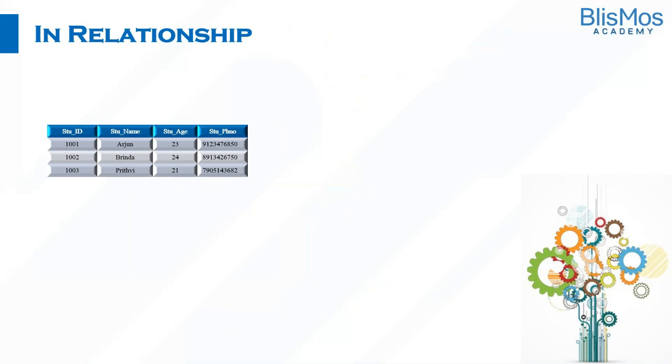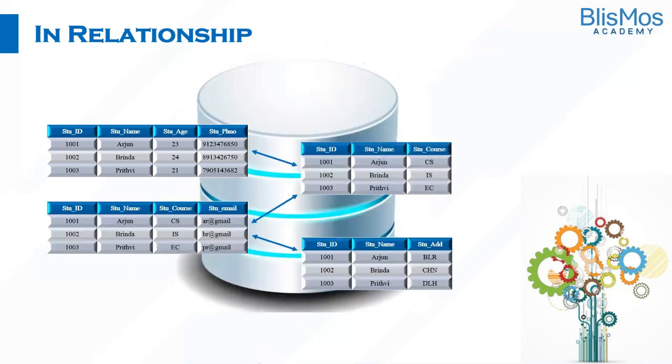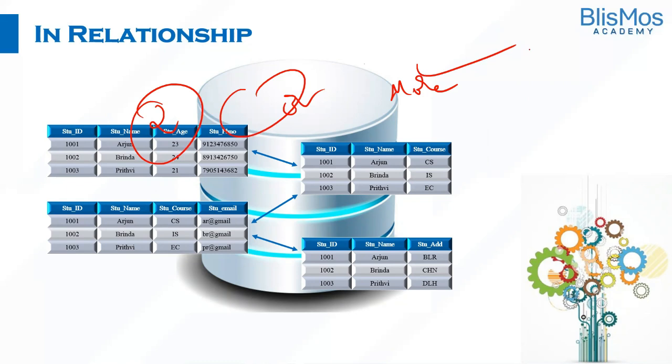I'm talking about a relationship in the database between different tables. In a relationship, data is linked between two or more tables. But how is it achieved? It is achieved by having a foreign key reference a primary key.